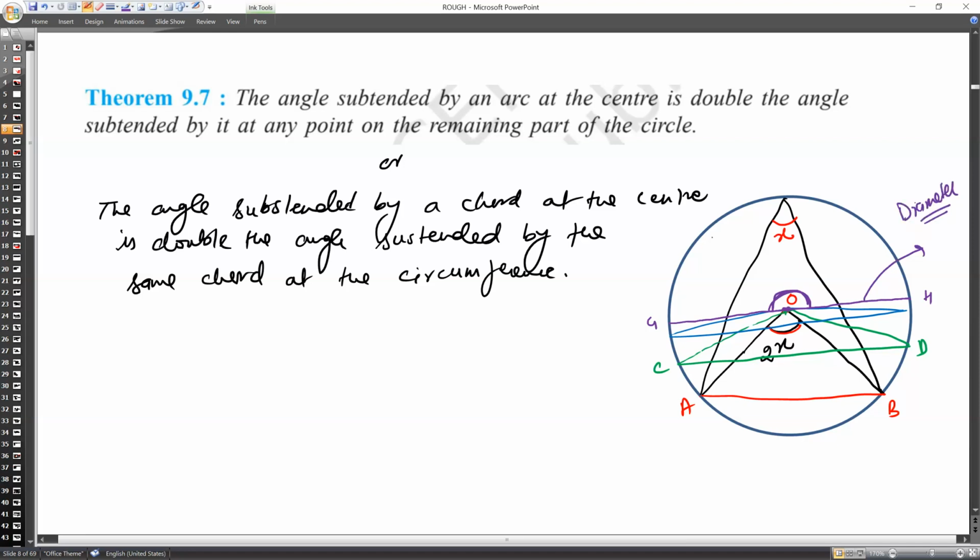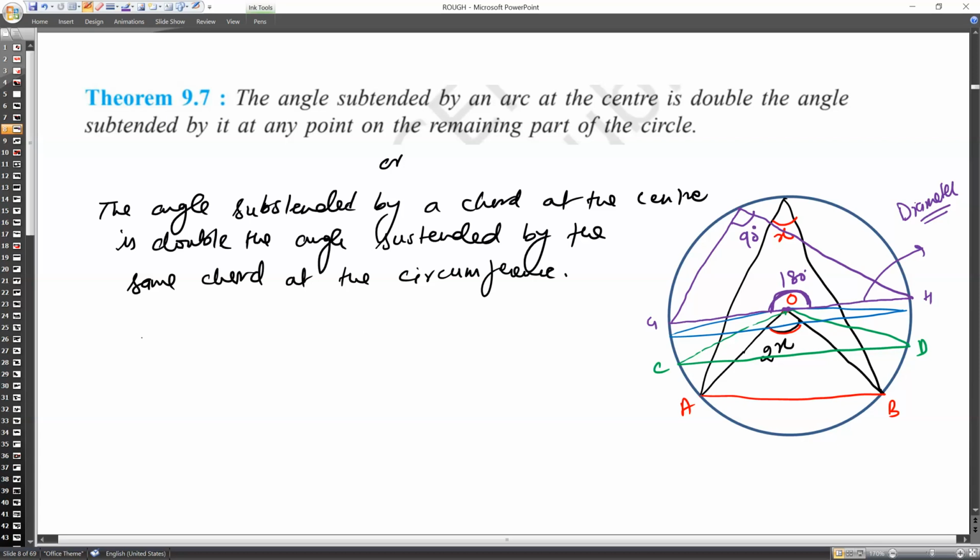So how much angle does a diameter make at the center? A diameter is going to make a 180 degree angle at the center. Then it will make 90 degrees at the circumference, because half of 180 is 90 degrees. So it is understandable that whenever a diameter makes an angle with the circumference, it will always be 90 degrees.